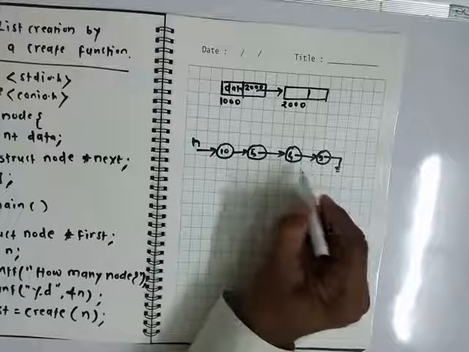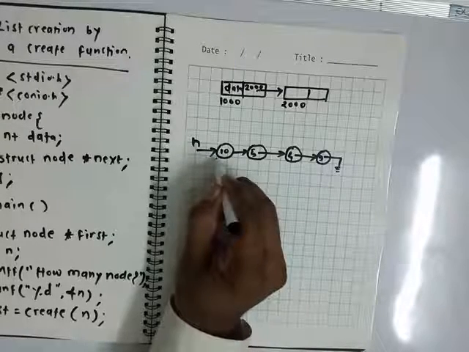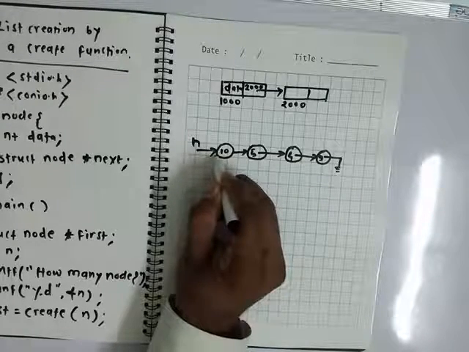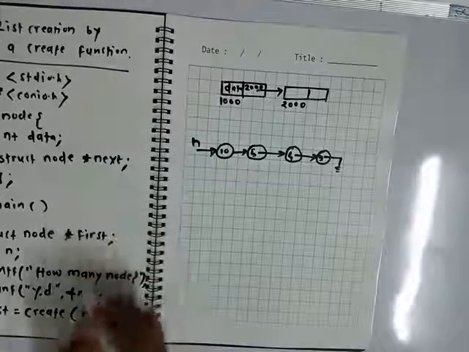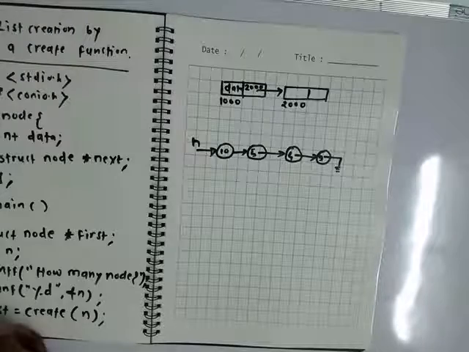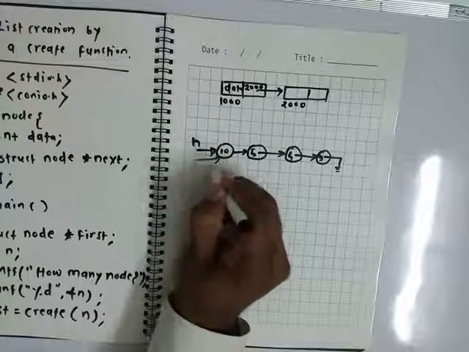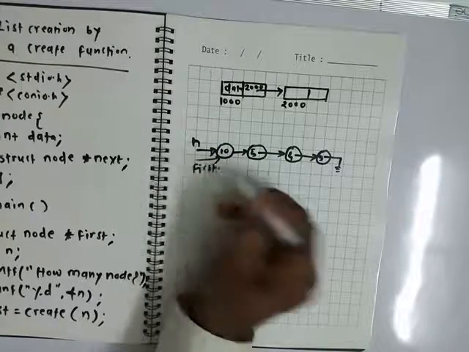If this is the linked list created by create, create is going to return this node's address which is there in h. So that address will be returned to us by create, and we'll store that address in first, or we'll point the first pointer to the first node of the linked list created.